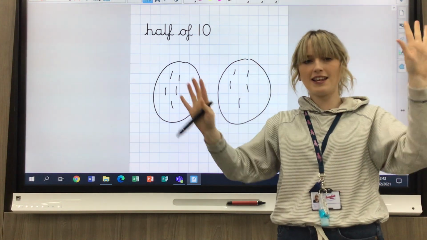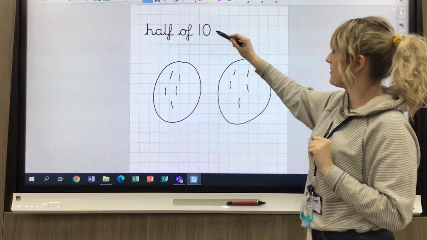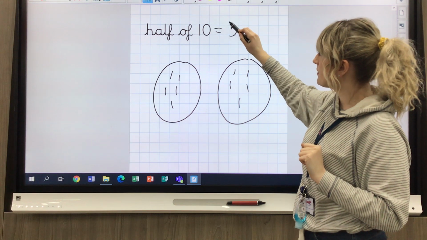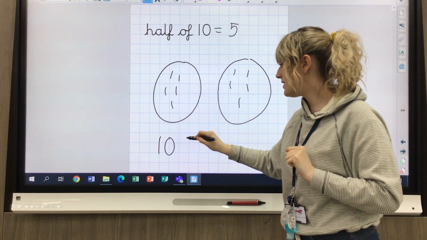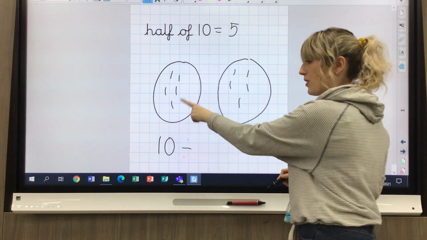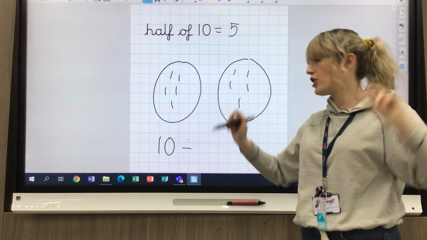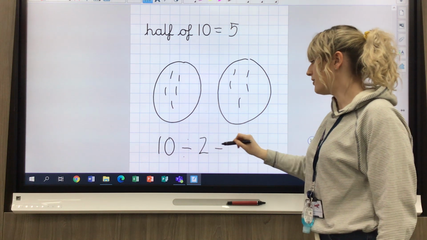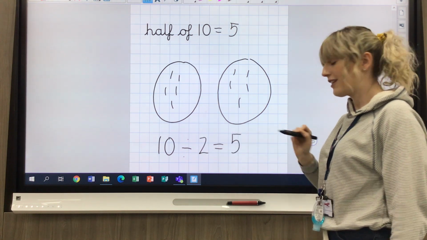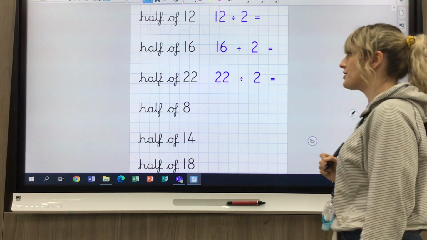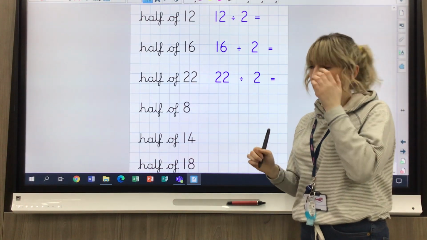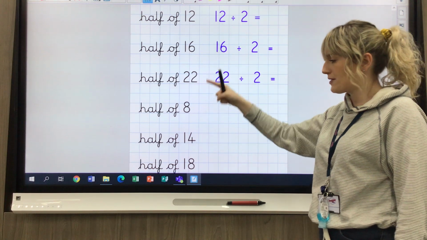Half of 10 is 5. That's the exact same as 10 divided by 2. We've split it in 2 equals 5.